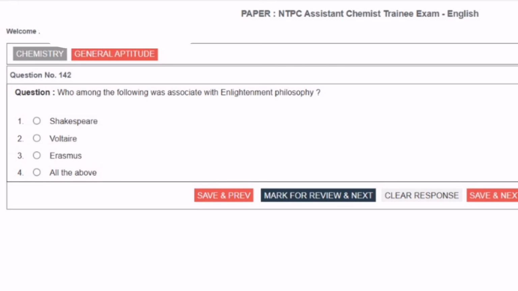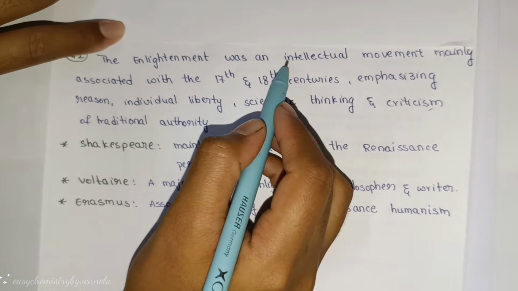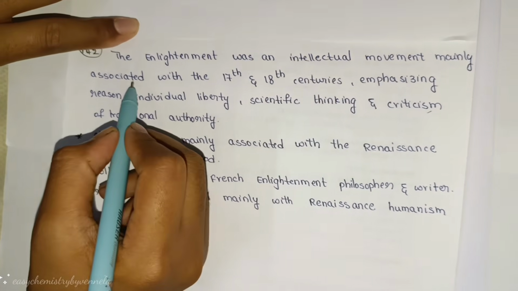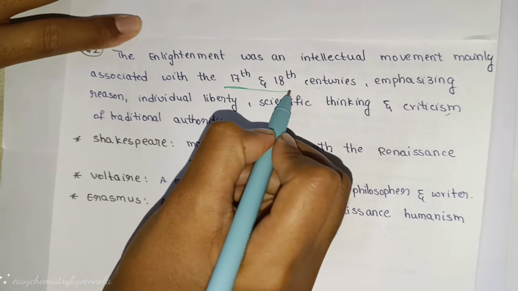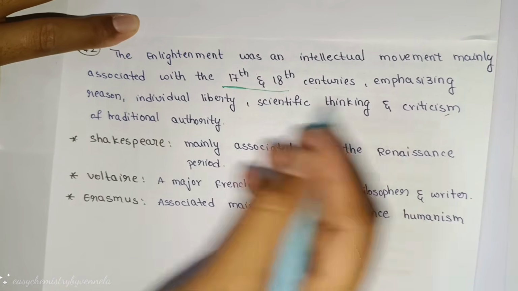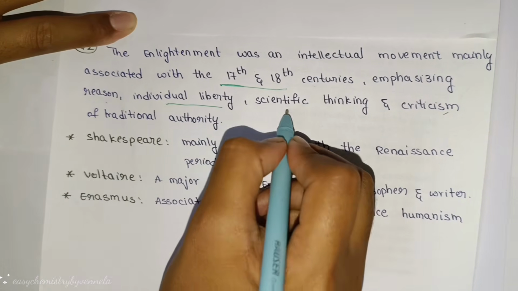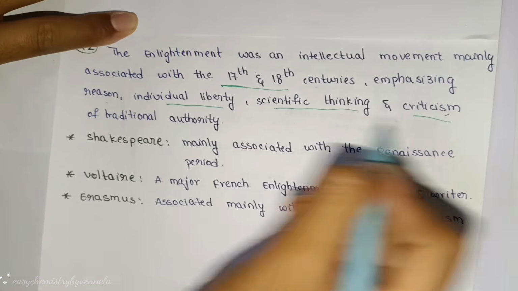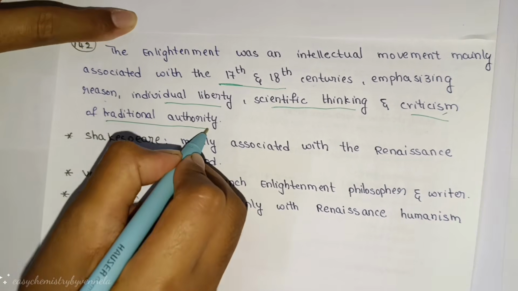Next question, who among the following was associated with Enlightenment philosophy? Shakespeare, Voltaire, Erasmus, all the above. The Enlightenment was an intellectual movement mainly associated with the 17th and 18th century, emphasizing reason, individual liberty, scientific thinking, criticism of traditional authority.